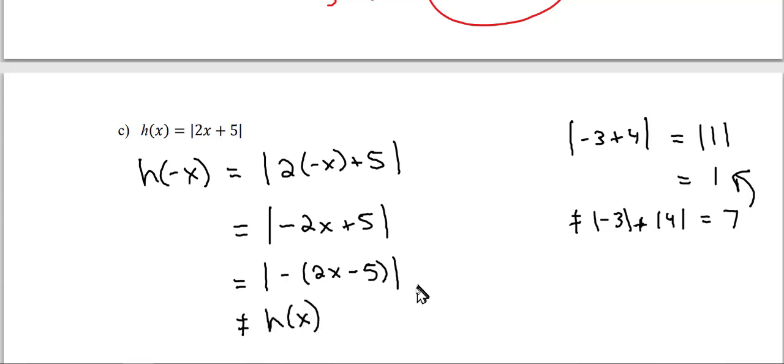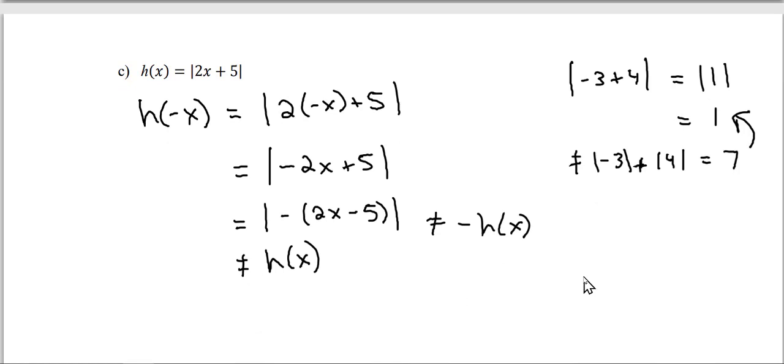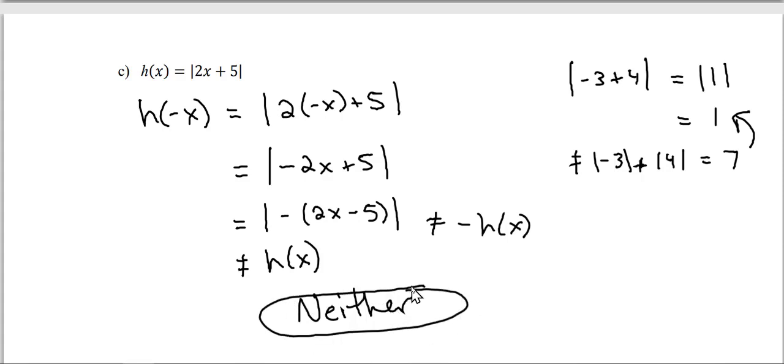And you can't just bring that negative out front because of the absolute value. So it's not equal to negative of our original function. So we have to say this is neither. This is neither even nor odd.